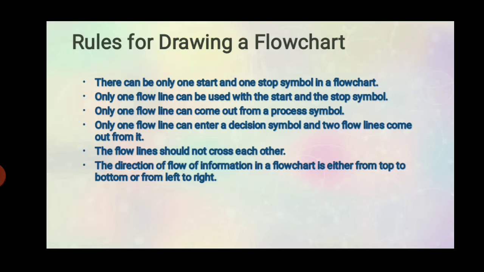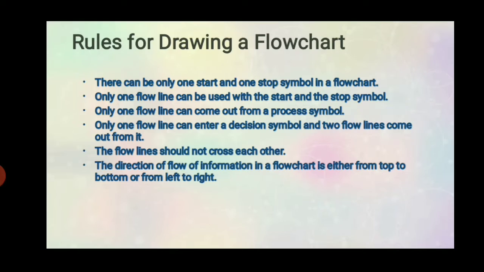So we need to follow some rules while drawing a flowchart. There can be only one start and one stop symbol in a flowchart. That means the start and stop symbols are oval shaped. Only one flow line can be used with the start and stop symbol.